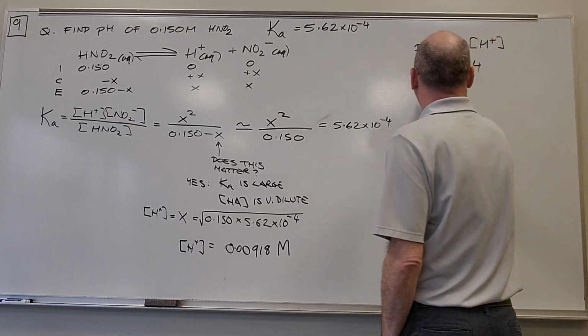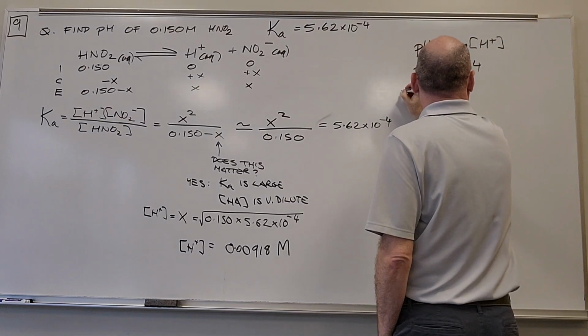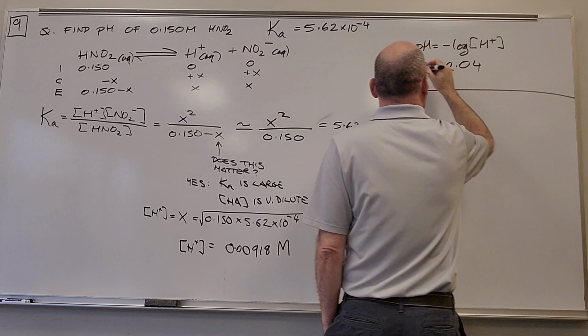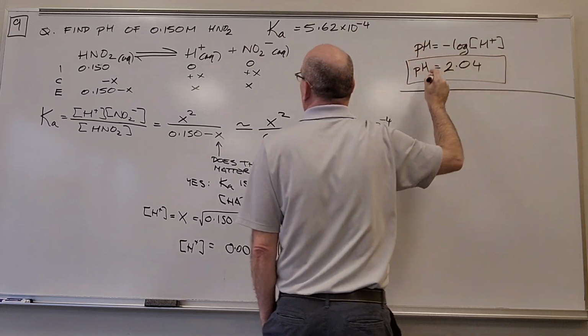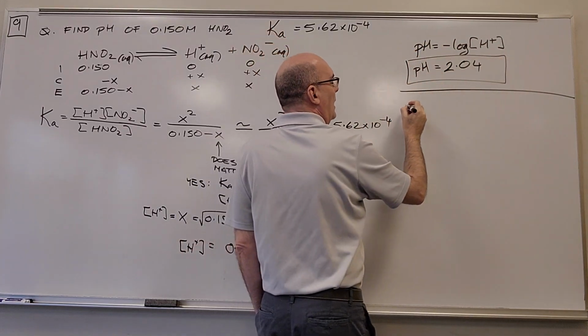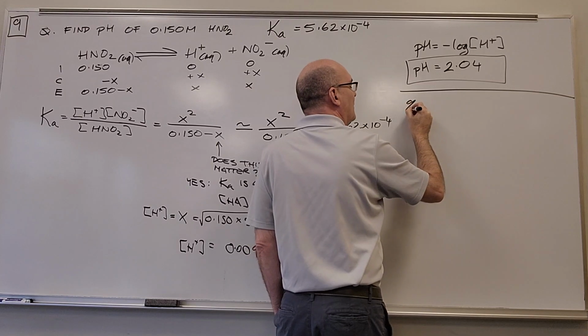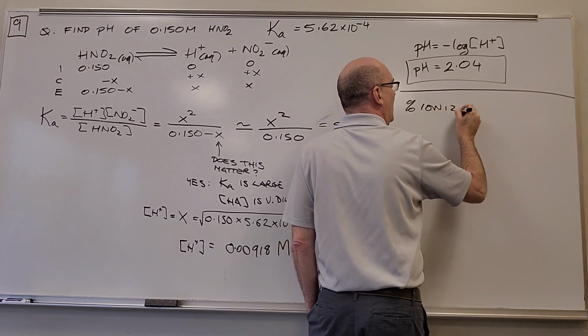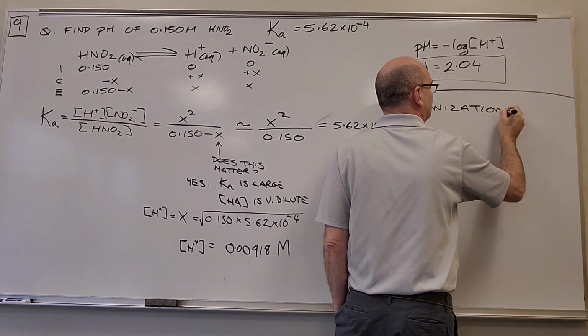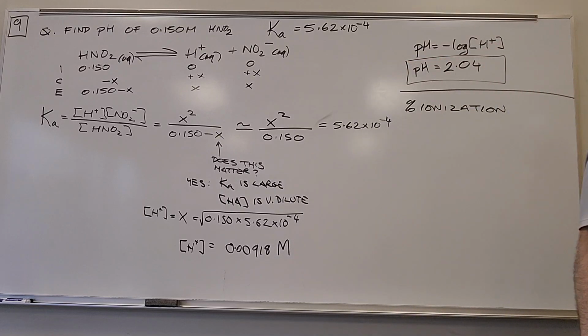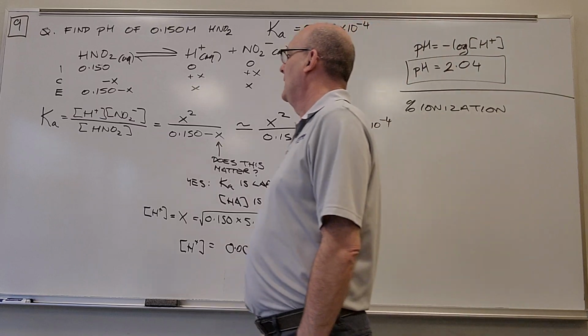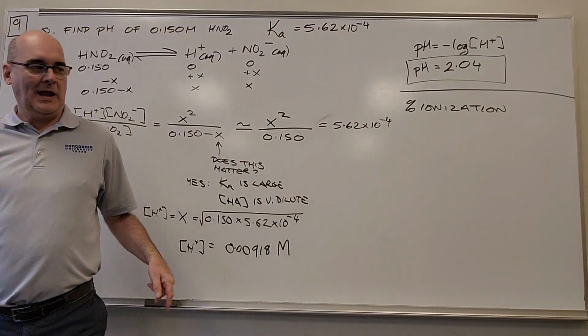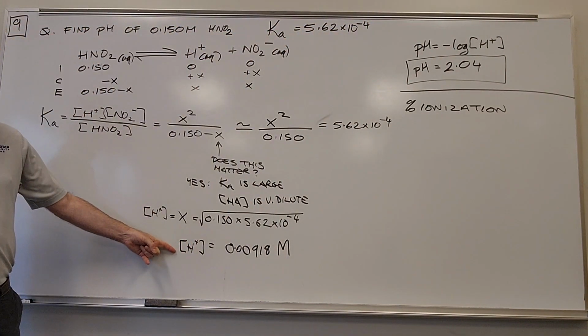So there's the answer to this question. Go ahead and find the pH. Find the percentage ionization. What's the formula? It's the simplest one. It's how much acid, H plus is the real acid.